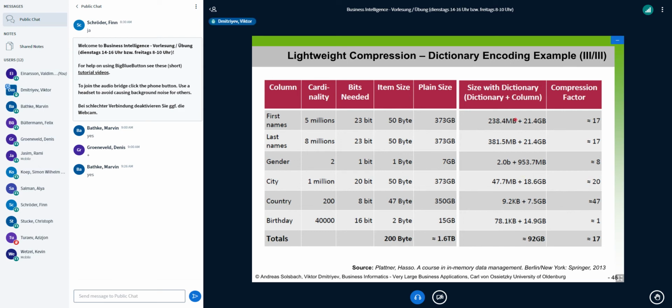You may ask me how you came up with this dictionary per column. It depends, for sure, on the names and so on and so forth, and it depends on the use case that you deal with. But in case of, for instance, gender, you have simply one bit to encode, and the dictionary is quite simple.